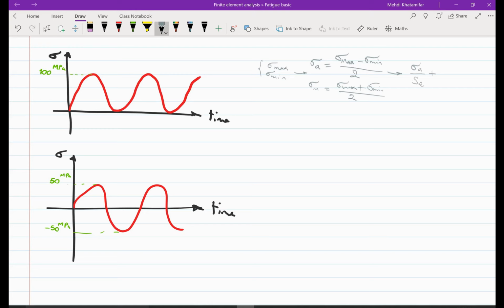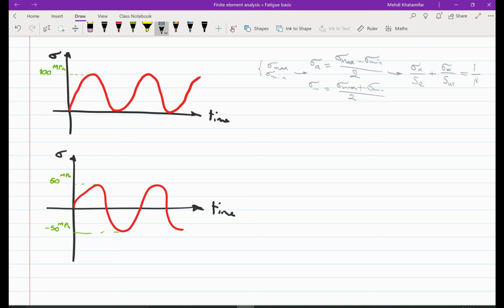I'm using Goodman's line formula, which we usually prefer: 1 over n equals sigma A over SE plus sigma M over SUT. If n is higher than 1, we are going to have infinite life, and you remember when we say infinite life, it means 10 to the power 6, or 1 million cycles.